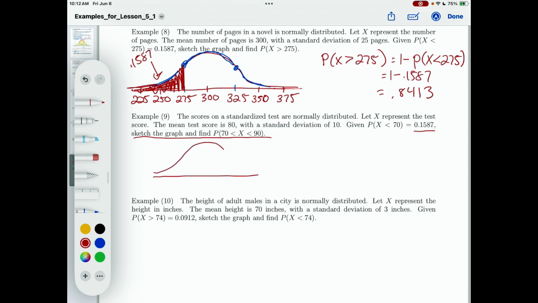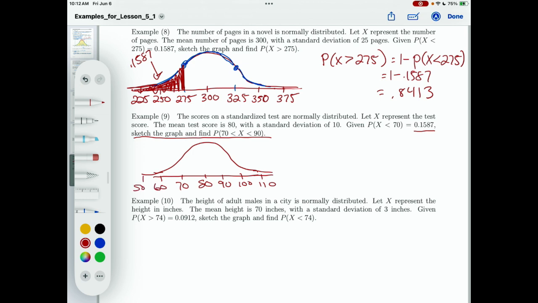So here's our curve. Our mean goes in the middle. It says the average is 80, and we have a standard deviation of 10. So that means I'm going to keep adding 10, and I'll subtract 10 going in this direction. So here's the sketch of our graph.